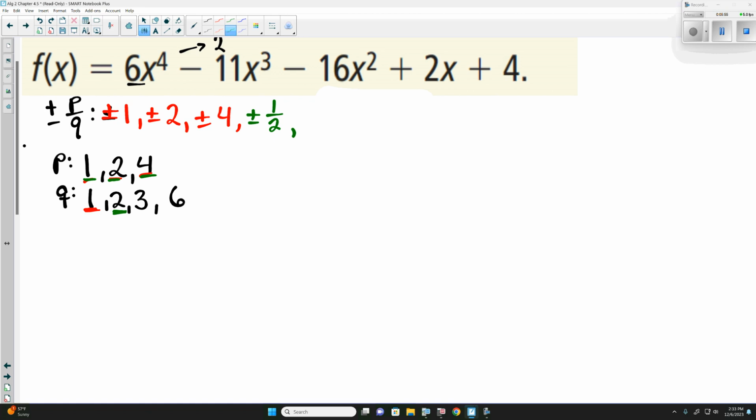We already have it, so we don't have to list it again. Then we can move on to 3. So our first one would be plus or minus 1/3. 2 over 3, plus or minus 2/3. And lastly, 4 over 3 would be 4/3. It is 1 1/3. I normally leave it just as 4/3.